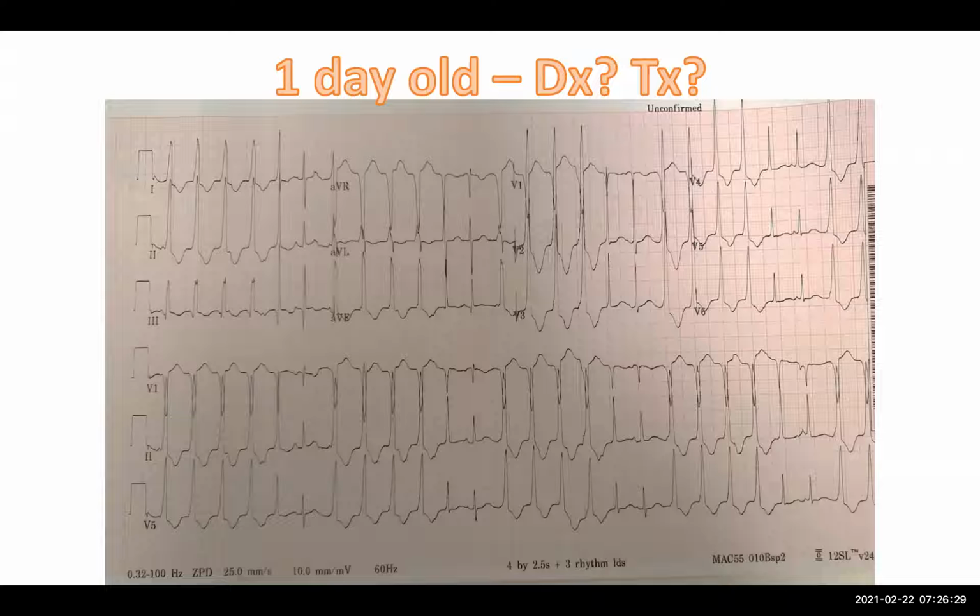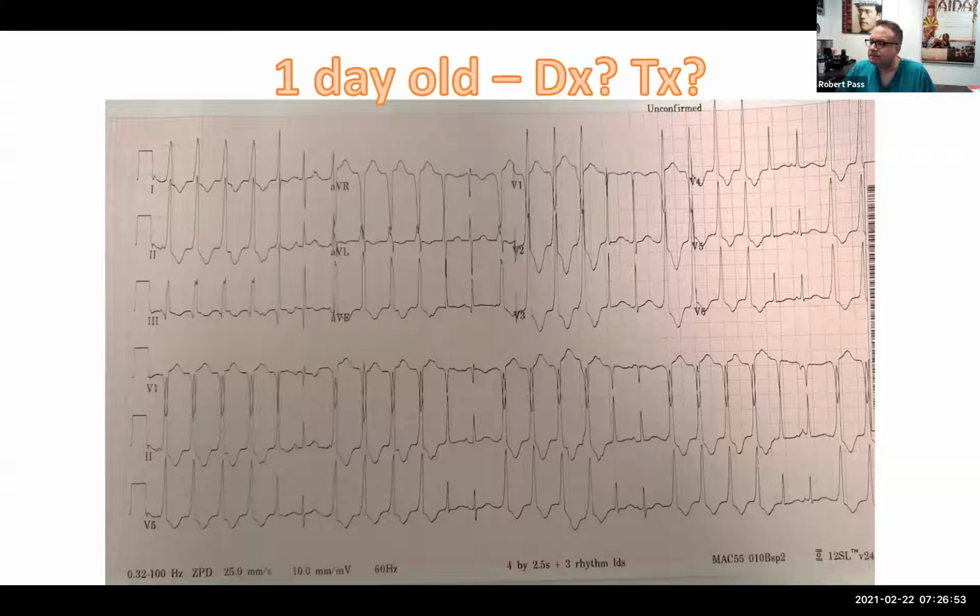And then intermittent with these wide complexes, I see some narrow complexes that look to be pretty much the same rate as the wide complex. So I'm trying to figure out if we're having some aberrant conduction that then conducts normally.